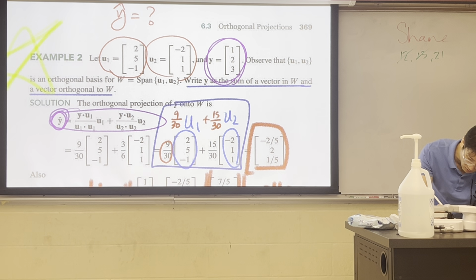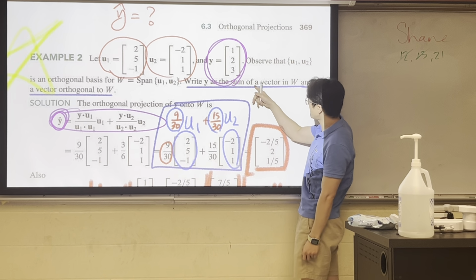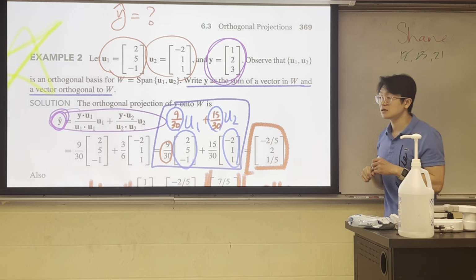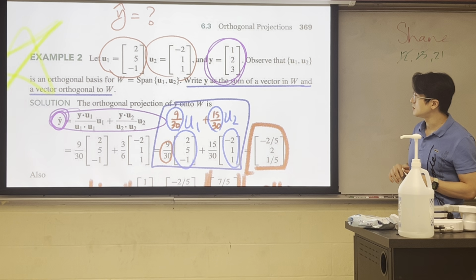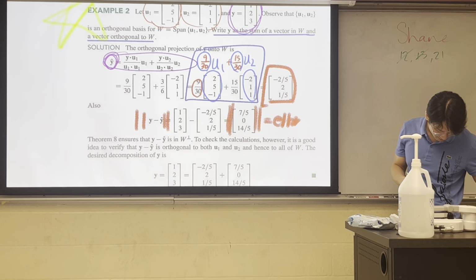I want to see the scalar, because you have to write it as the sum of a vector. I think it's asking for y equals y hat plus c, the vector column.